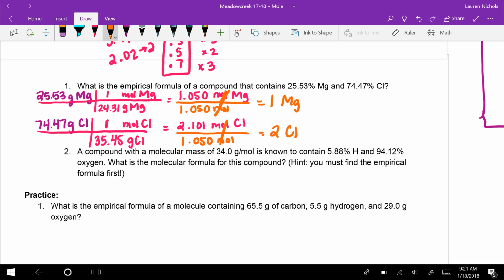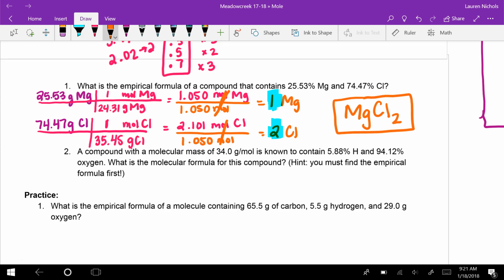What we do is we just turn these numbers that I'm highlighting in blue into our subscripts. So we would write this as magnesium 1, but chemists are lazy, so I won't write that 1, Cl2. And that would be my empirical formula.